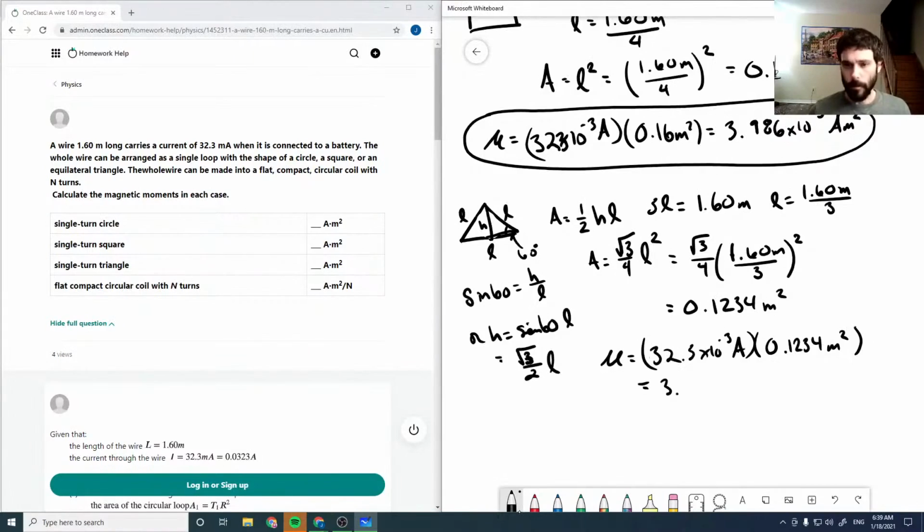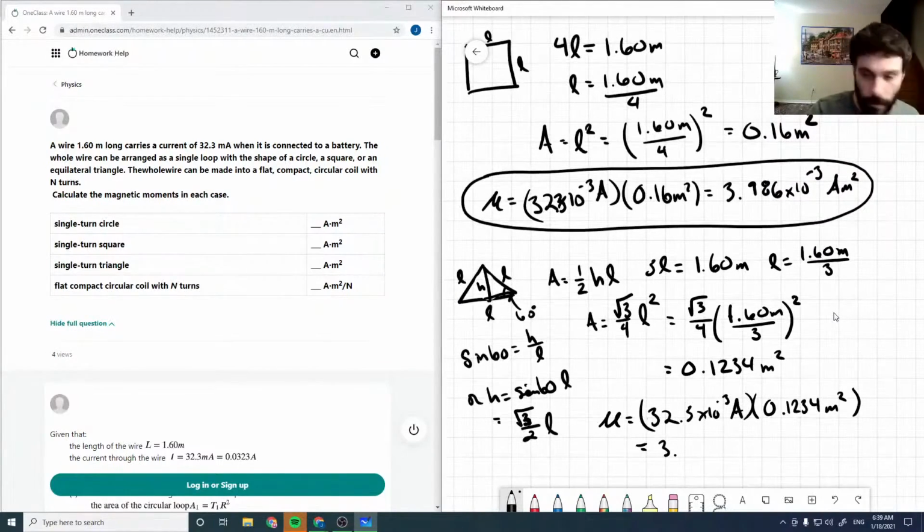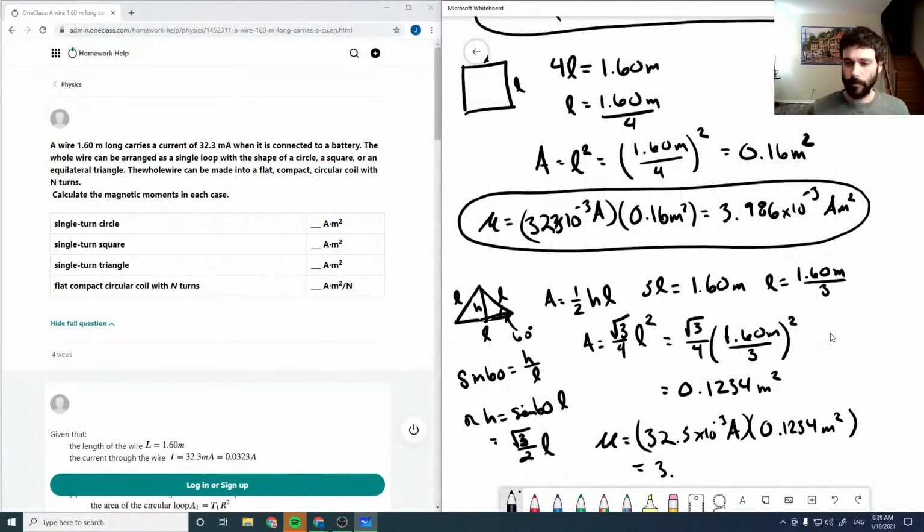3. Oh, alright. Okay, gotta be slightly more careful with how I write here, sorry. So this here actually comes to 5.168 times 10 to the minus 3 meters squared.